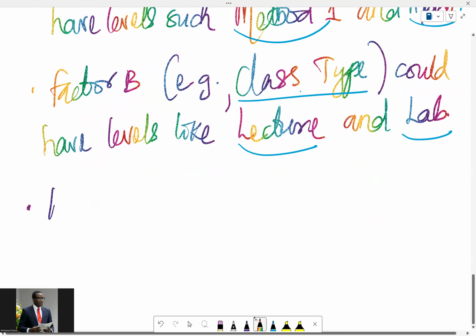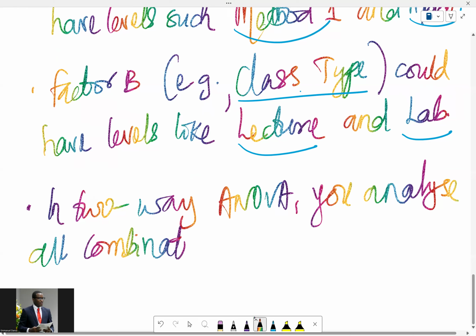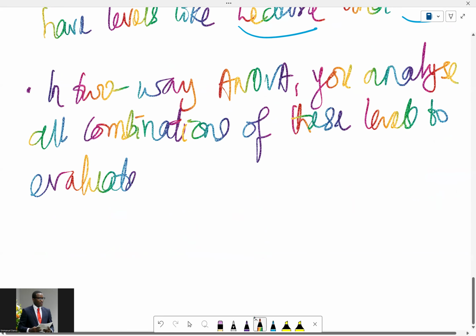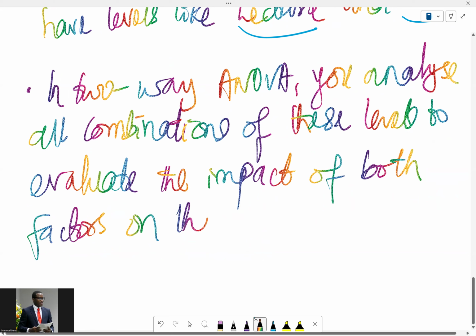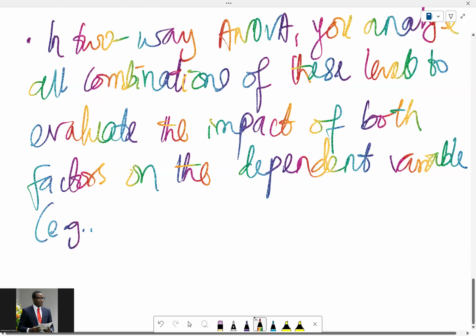Then we also need to know that in two-way ANOVA, you analyze all combinations of these levels to evaluate the impact of both factors on the dependent variable, which might be something like test scores.